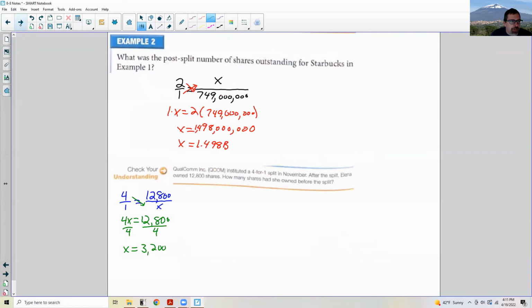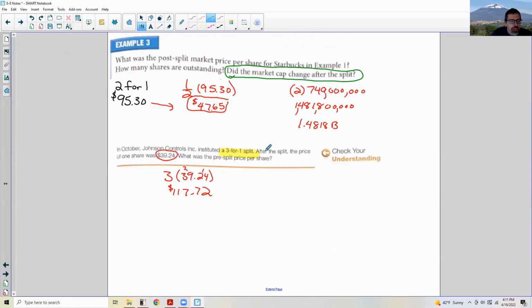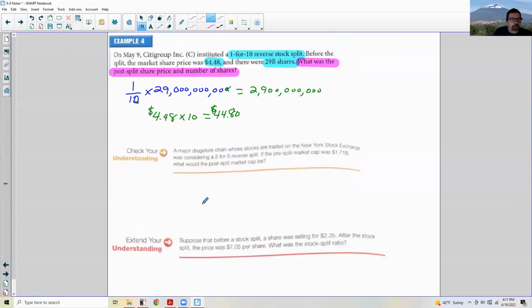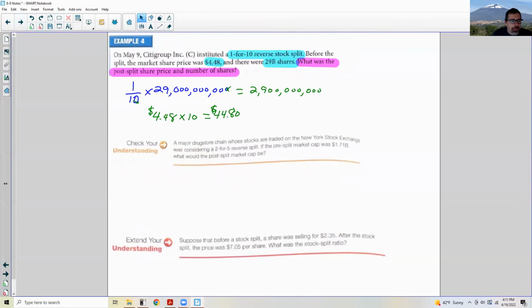If the number of shares increases, the dollar value decreases to offset the change, and the market cap remains equal. Okay, so the market cap does not change after splits. In this case, the share price decreased by half, but the number of shares increased by double. So when you multiply, you still get the same market cap. All right, so now let's move on to check your understanding.